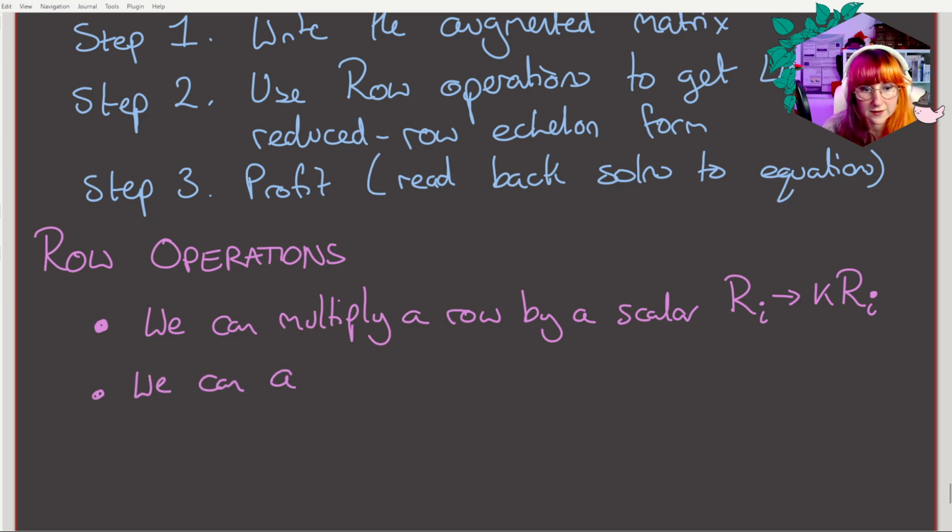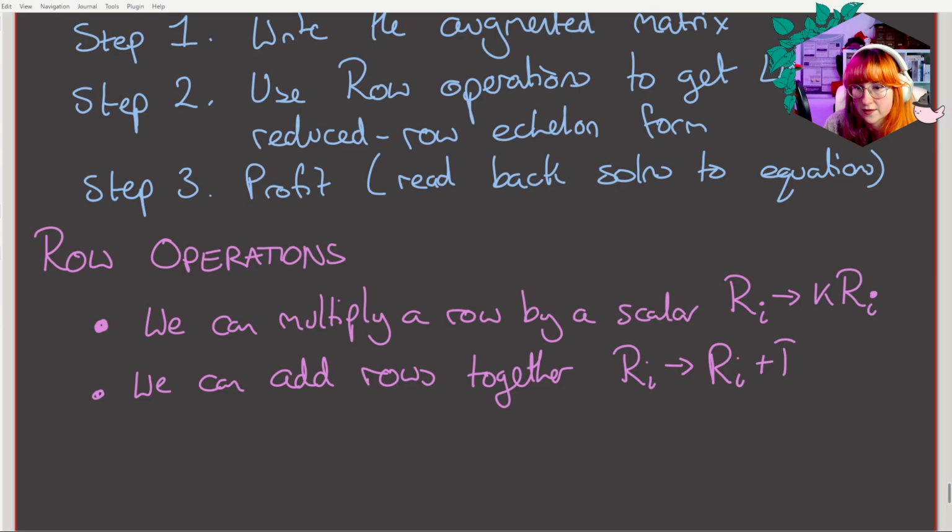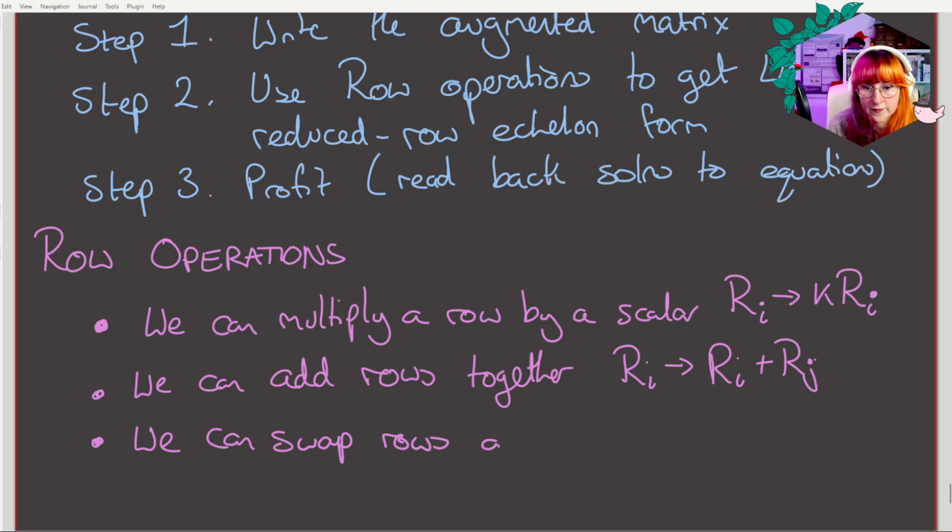We can add rows together. So that'd be Ri goes to Ri plus Rj, adding 2 different rows together. And then the third one that we don't really ever need to do with solving simultaneous equations normally and algebraically, but we do need for row echelon form or reduced row echelon form, is we can swap rows around. So Ri swaps with Rj.